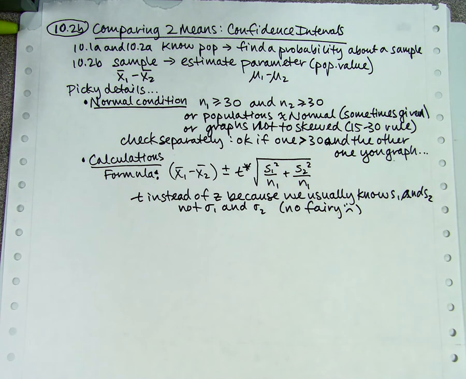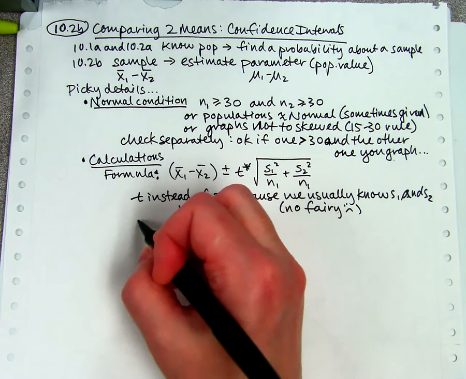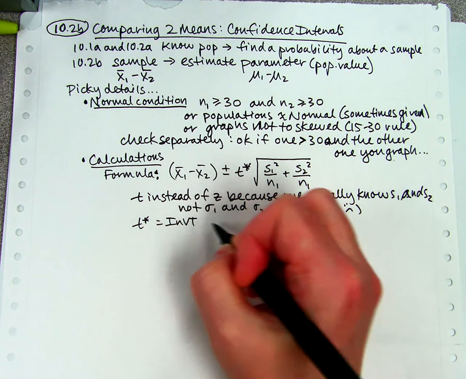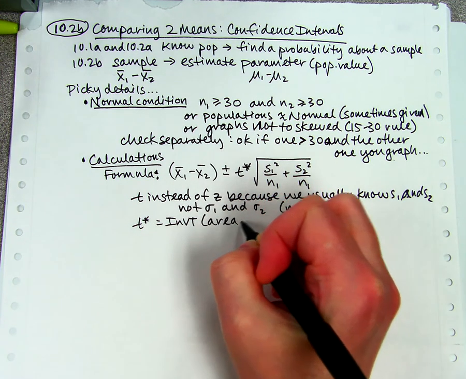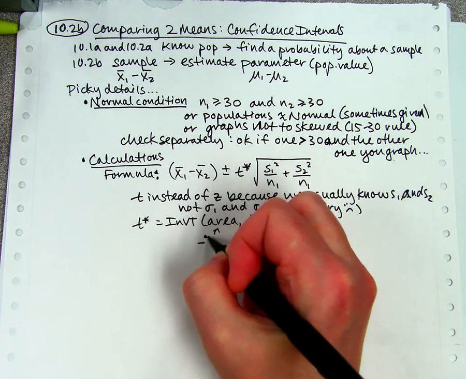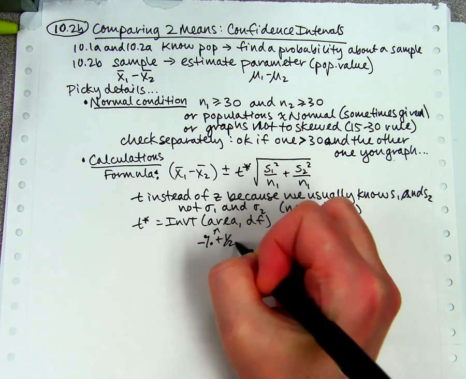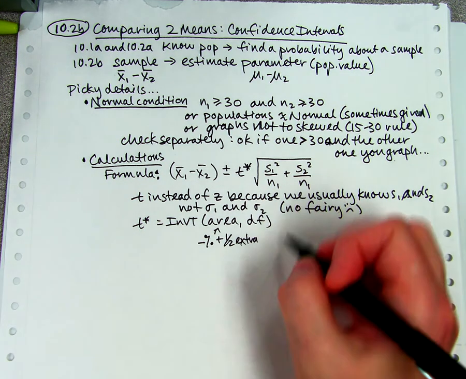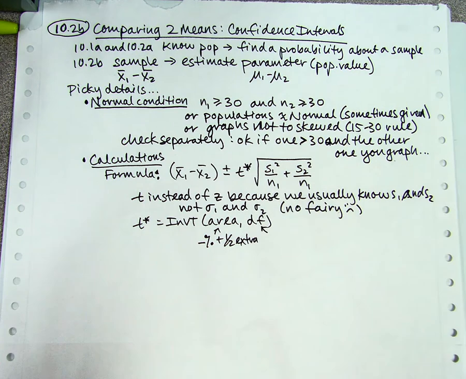And we are still doing what we've done before, which is to find T star by doing inverse T. That's the area under the curve, and DF, and the area is whatever percent plus half the extra that we've seen before. The problem is DF gets a whole lot harder in this chapter.